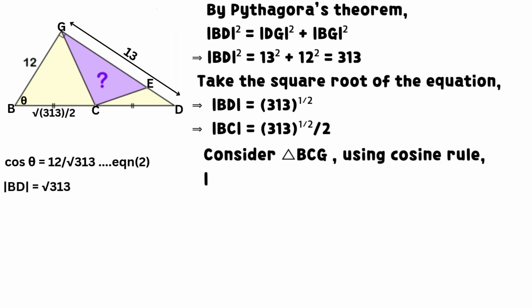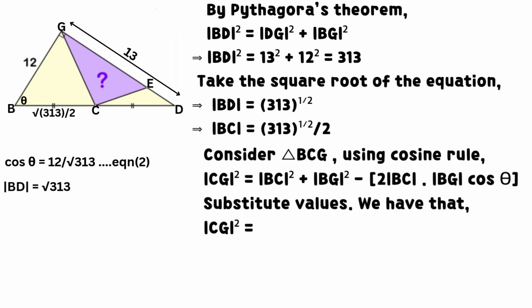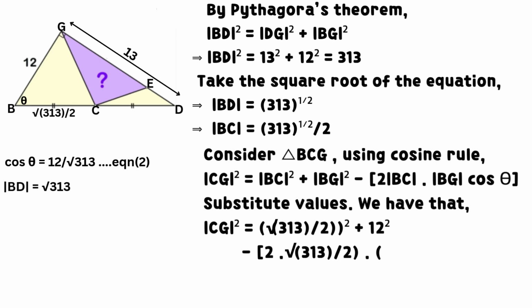Consider triangle BCG. Using cosine rule, the square of line CG equals the sum of the square of line BC and the square of line BG minus 2 times the product of line BC and line BG multiplied by cosine θ. Substitute values.